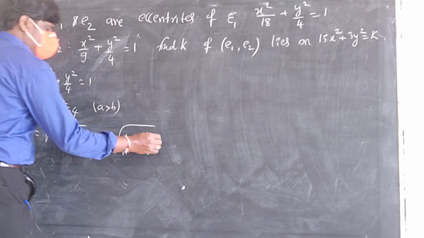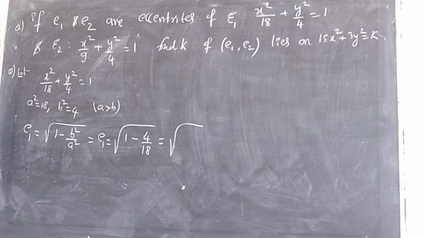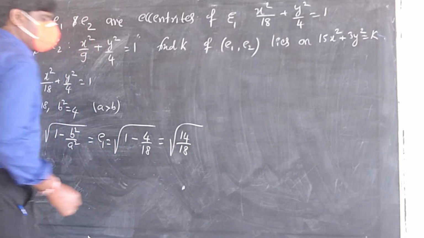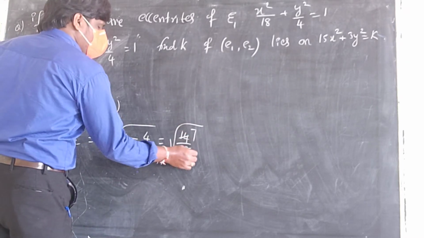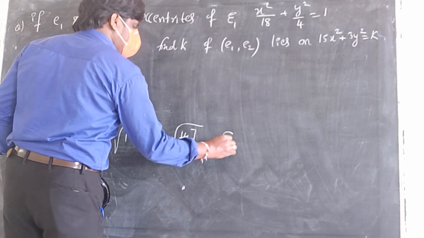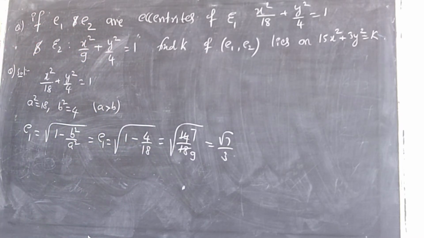So what am I going to get as the answer? Under root of 18 minus 4, 14, so 14 by 18 square root you get. You can cancel inside: 2 7s are 14, 2 9s are 18. Then I get this answer as root 7 by 3. This is eccentricity 1.